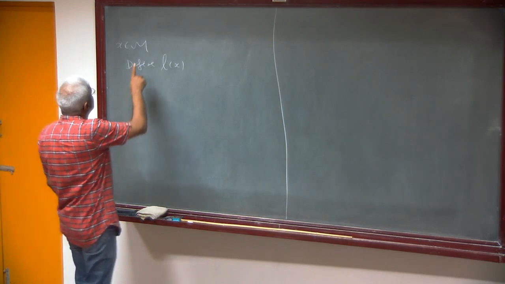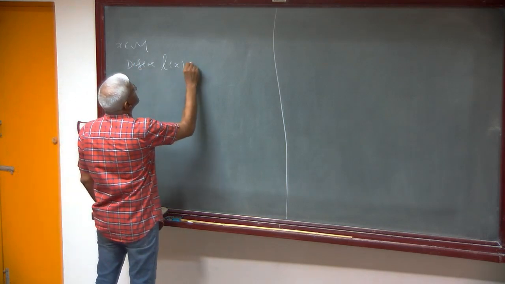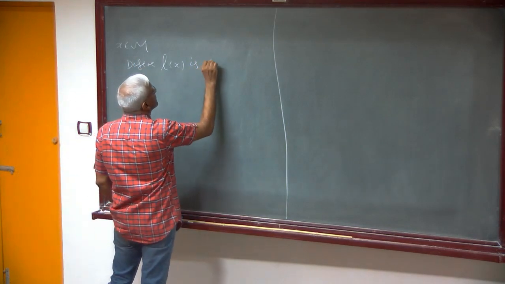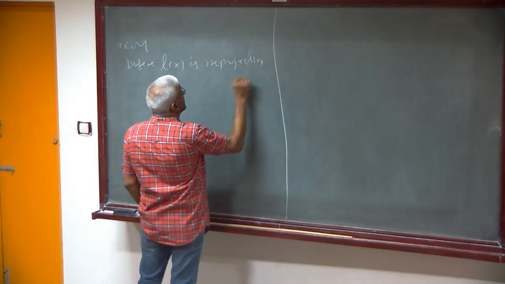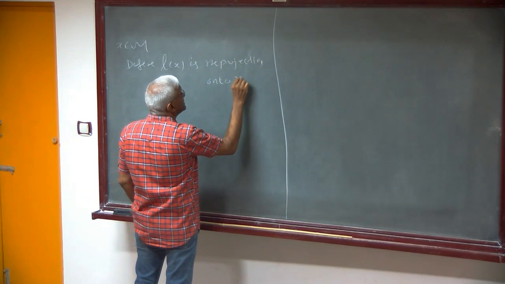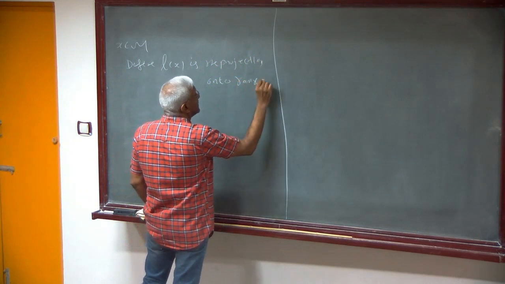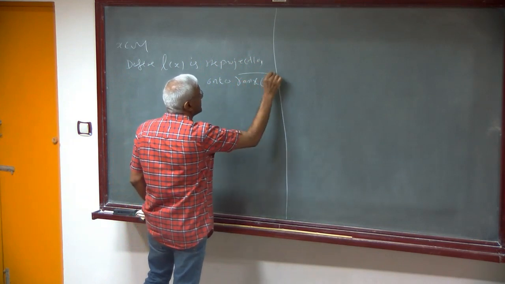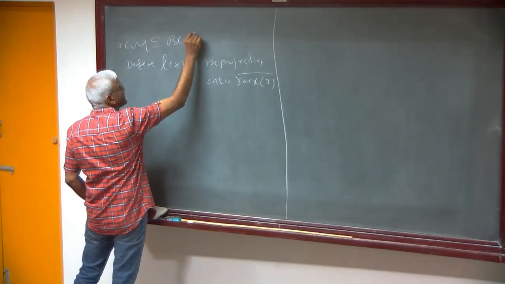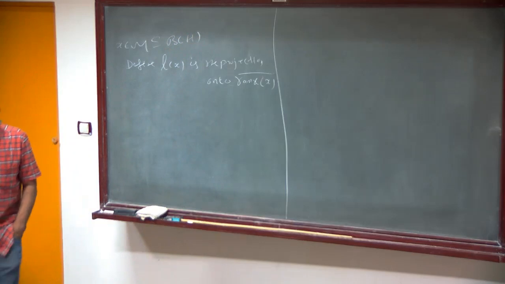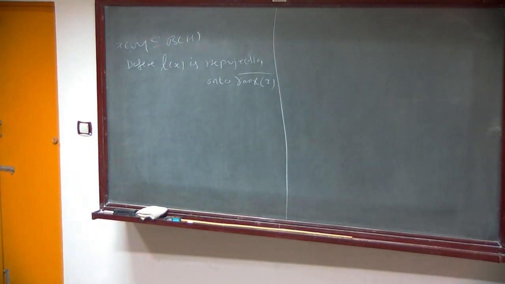So if you have an X in M, then L of X is a projection onto the range of X. Of course, M is contained in B of H. The range may not be closed, so you take the closure.